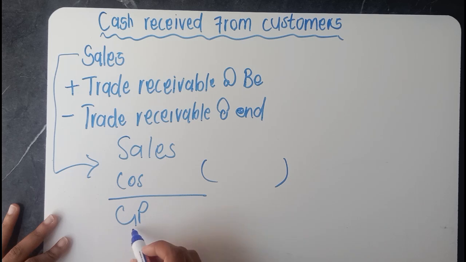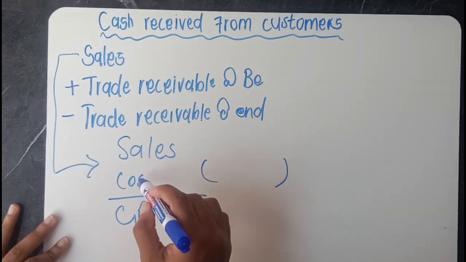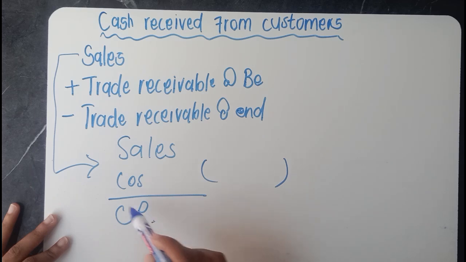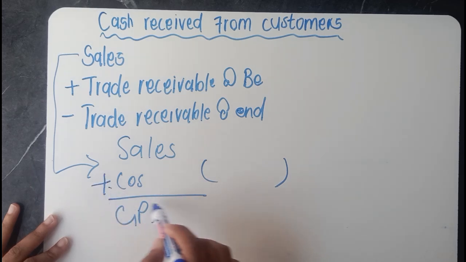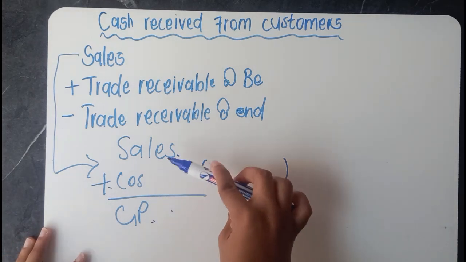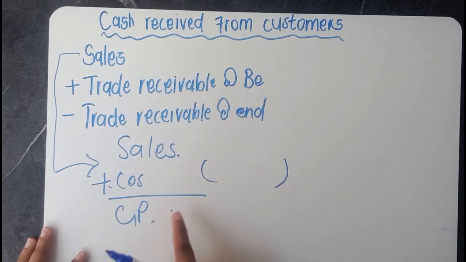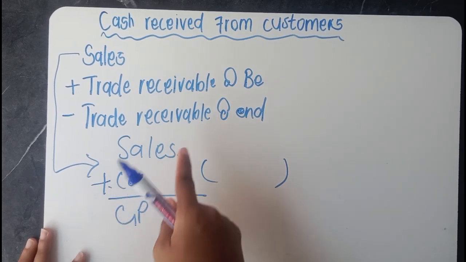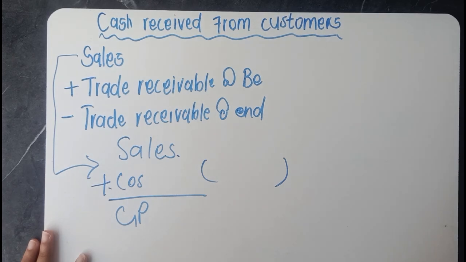So if they gave you gross profit and you're looking for sales, you add your cost of sales to get your sales amount. You need to understand this part because sometimes it might confuse you whether you're subtracting or adding. If I'm looking for sales, remember you take gross profit and you add your cost of sales.